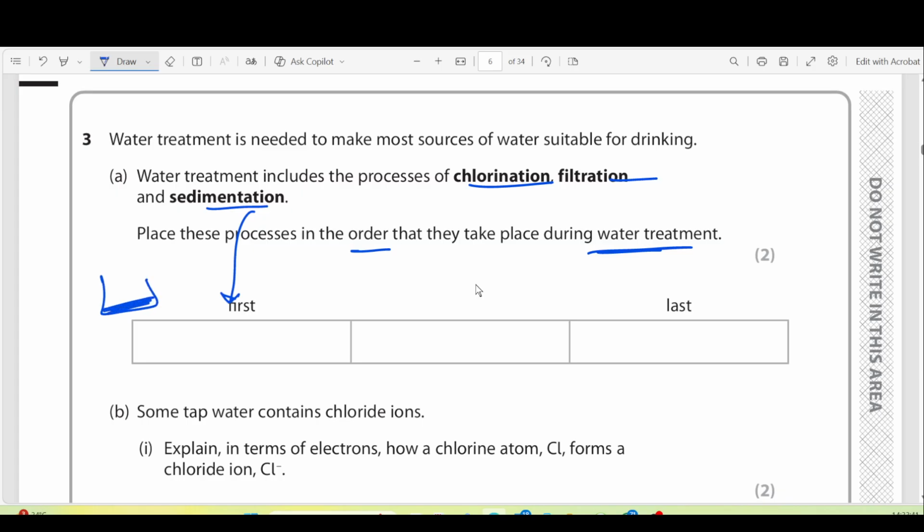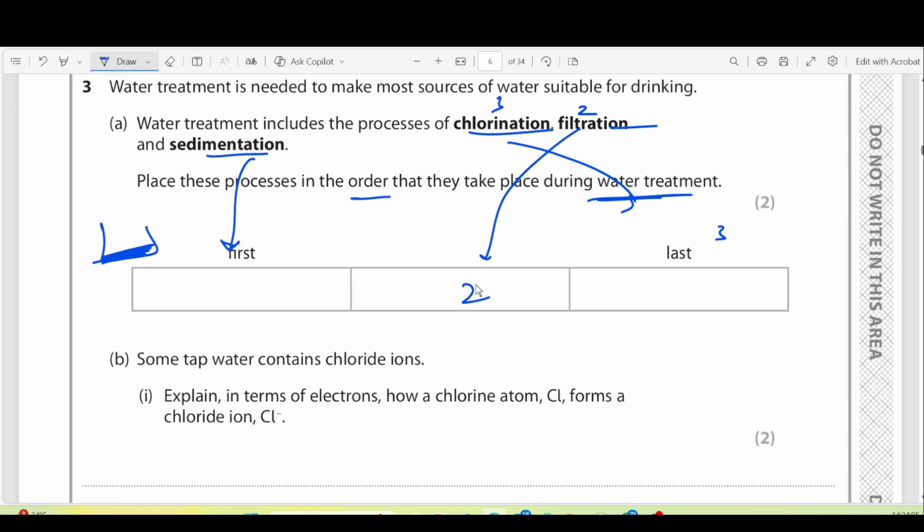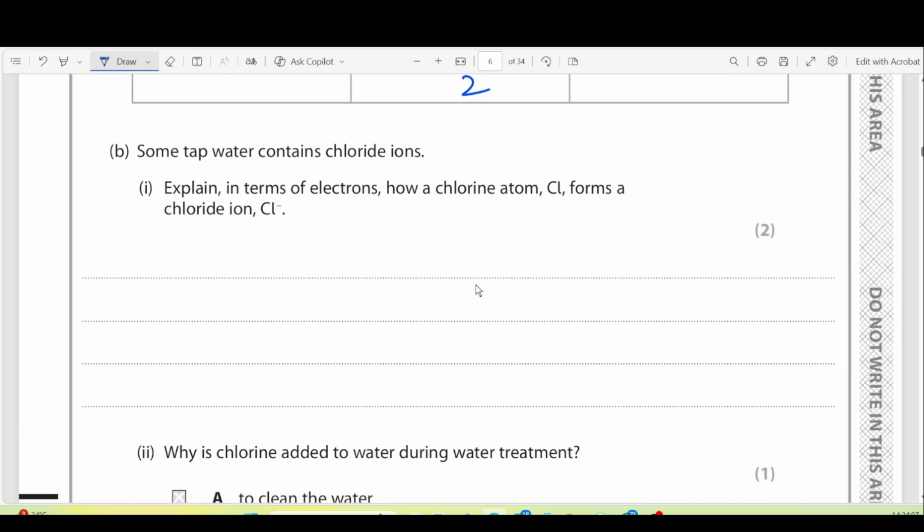If you leave it undisturbed, large particles settle at the bottom. Second is filtration. Water is passed through a layer of sand and gravel to remove small insoluble particles. Third is chlorination. Chlorine is added to kill any remaining bacteria or microorganisms. So these are the steps.